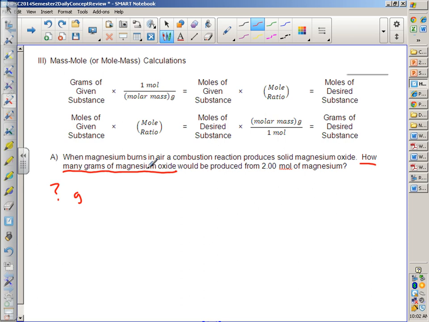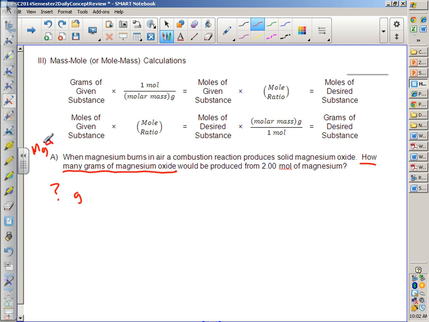So, go to your periodic table, find magnesium, find oxygen. When we find magnesium, what ion does it form? What charge does it have?